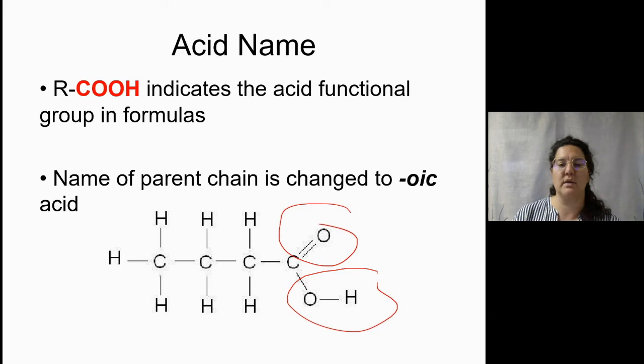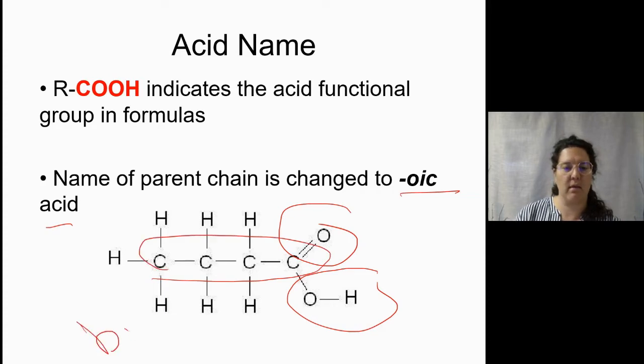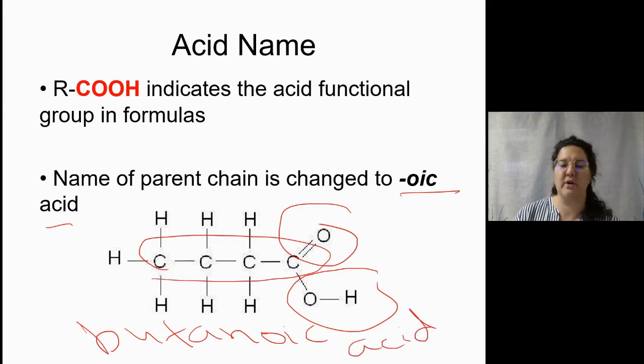And we change the end of the parent name to -oic acid. So this would be, with 4 carbons, butanoic acid. And this is always going to be at the end of our carbon chain, so we don't have to put any numbers in identifying where that functional group is.